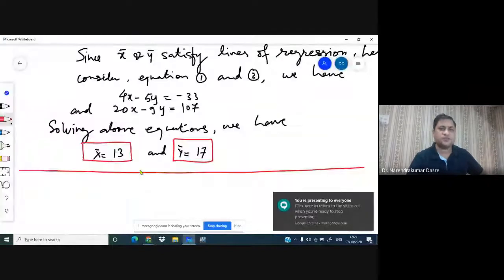That's why this method is called the method of least squares. Now using this method of least squares, we'll see how to fit a curve. So let us have the next topic, curve fitting, or fitting of a curve.